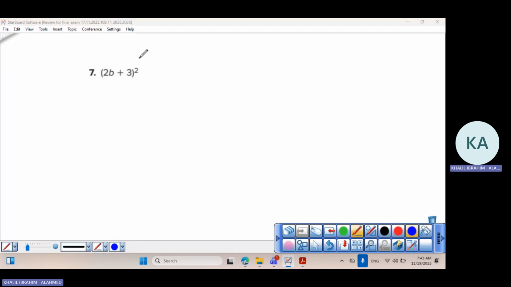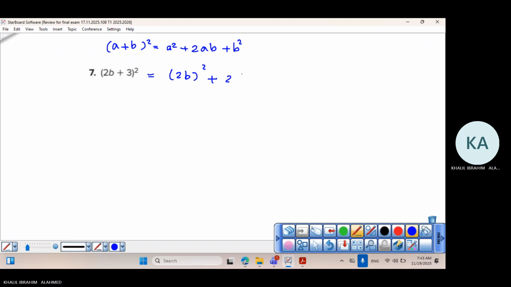I think you should use this formula: a plus b squared equals a squared plus 2a times b plus b squared. How to solve it? This equals 2b squared plus 2 times 2b times 3 plus 3 squared.